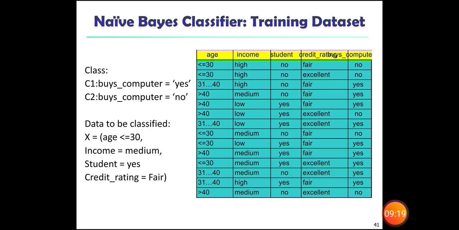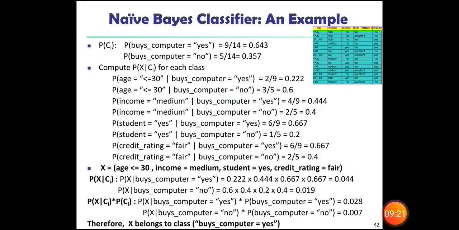Now for each and every label we have calculated the classification values, and P of C also we have calculated. Now we will go for X. We will combine together all the labels: age less than 30, income equal to medium, student equal to yes, and credit rating equal to fair. So this is the X which we already defined, which is going to be classified.